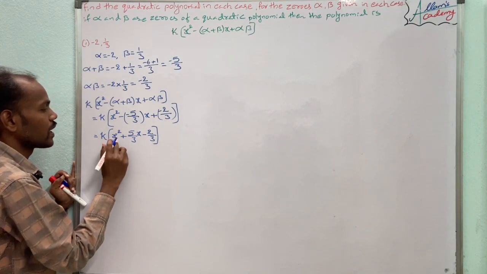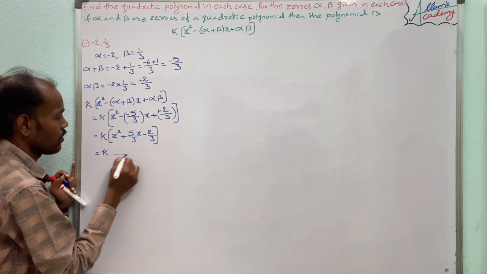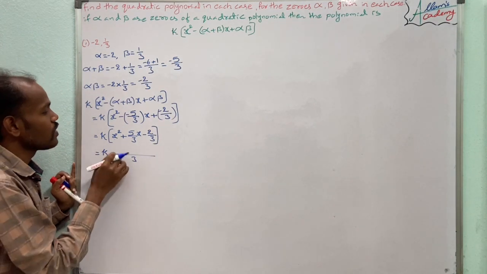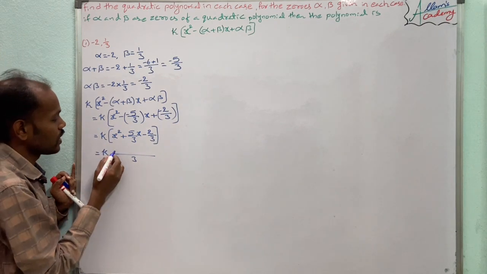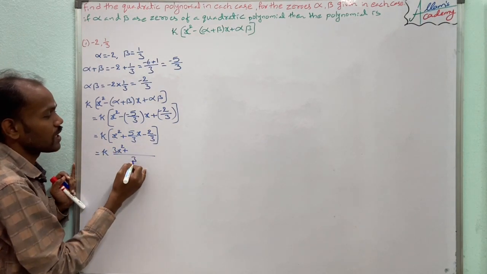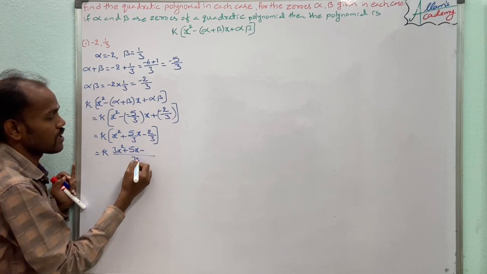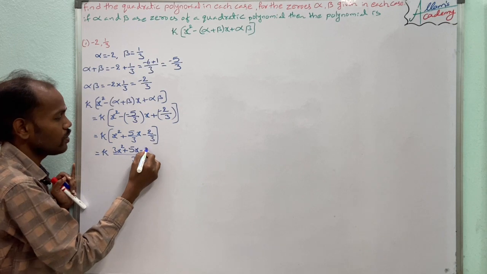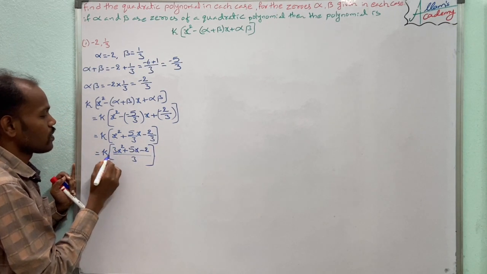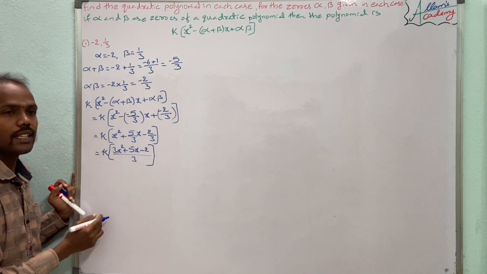Now if we take 3 as LCM here, its denominator is 1, so 3 ones are 3, 3x², plus 5x, minus 2. So k into (3x² plus 5x minus 2)/3.